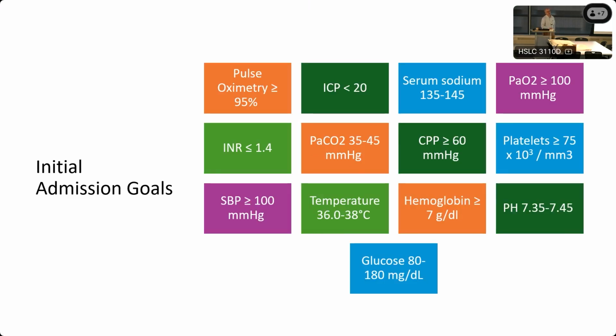If they have something else bleeding, they might develop kind of a TIC picture. You want PaCO2 35 to 45, CPP greater than 60. You want platelets greater than 75, systolic greater than 100, temperature 36 to 38, hemoglobin greater than 7, pH 7.35 to 7.45, and glucose can be anywhere from 80 to 180.